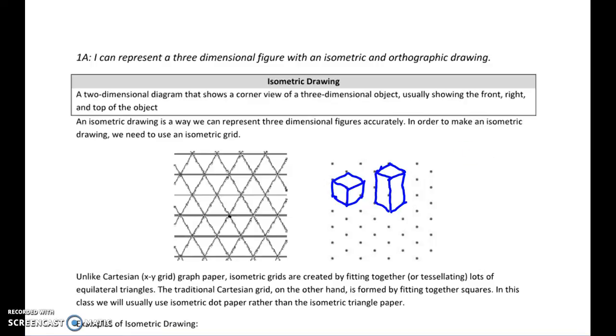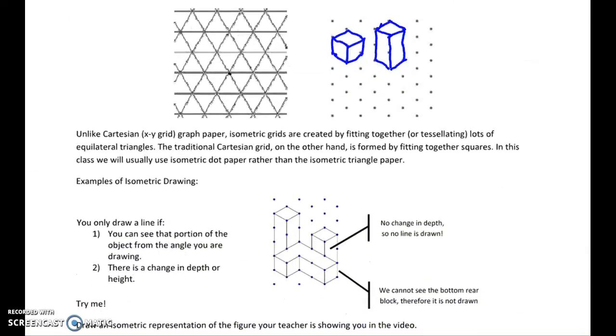Now, there's some key things about isometric drawing that you need to keep in mind. The first is we only draw a line if we can physically see that line in the view that we're thinking of. We also only draw lines if there's a change in depth or height. So, for example, I didn't draw a line there because there was no change in depth between those 2 blocks.